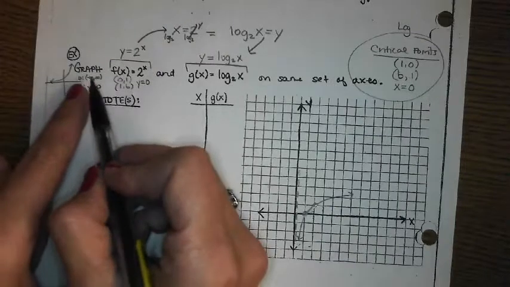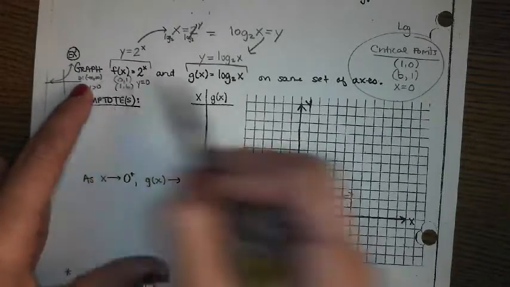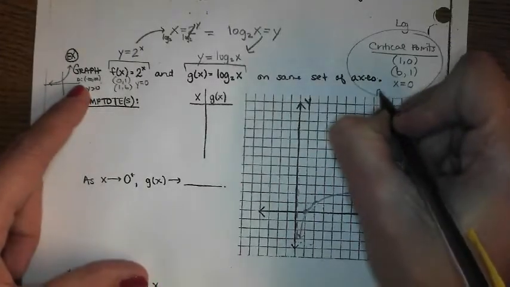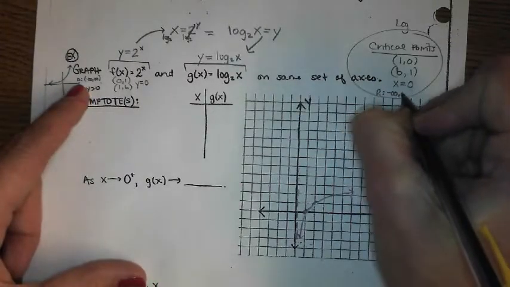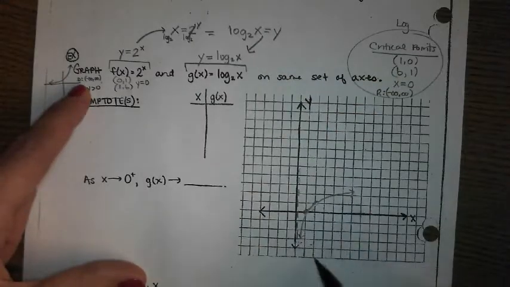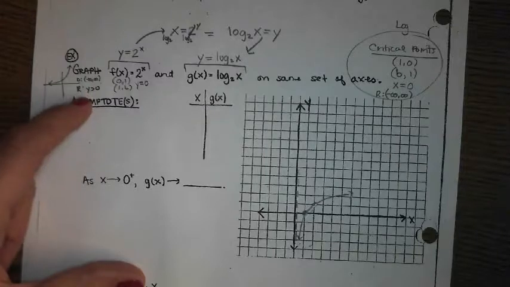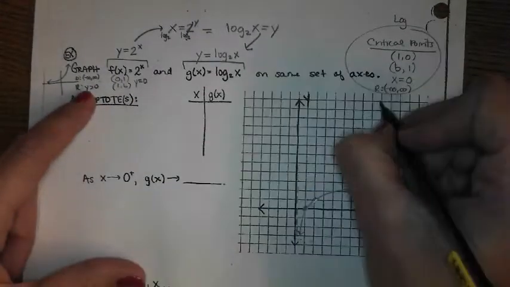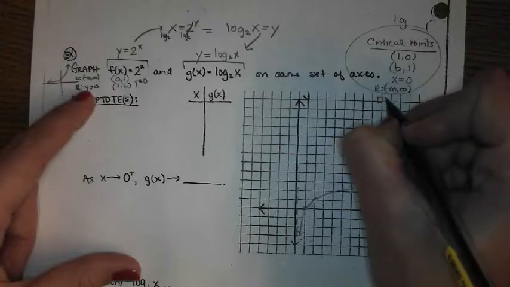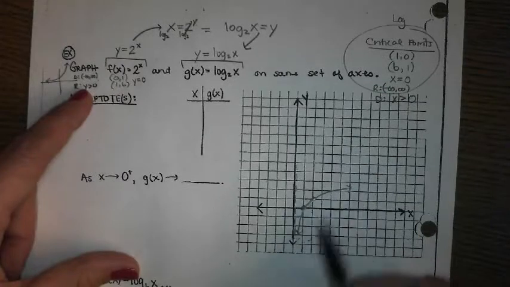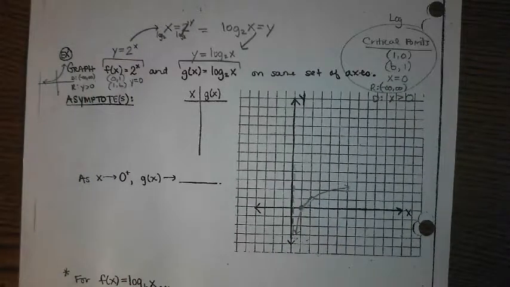So if your domain used to be negative infinity to infinity, what is now negative infinity to infinity? Range. Can you see that justified on the graph? Negative infinity to infinity for your y coordinates. And if your range yesterday was y is greater than 0, then your domain today is what? X is greater than 0. And you can see that. All your x's are remaining greater than 0.